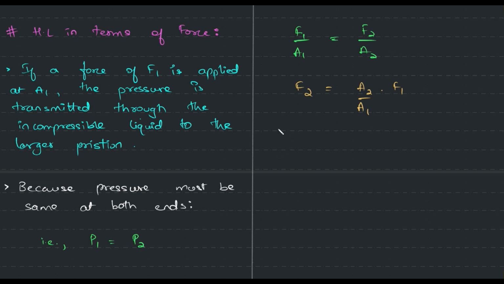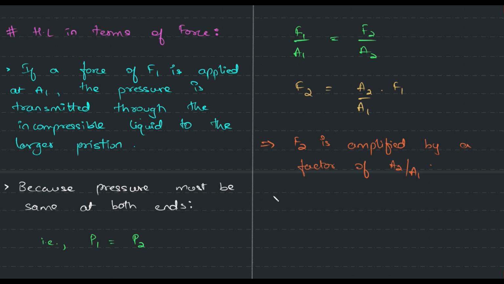So what can you tell from this? A2 is not the same as A1, so F2 is amplified by a factor of A2 by A1.